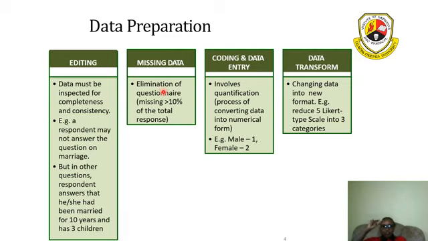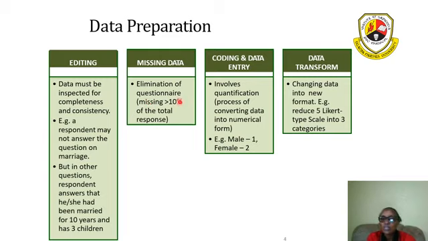If there's a particular question where about 10% of the people have not answered that question, then it's better you take out that variable completely, because it's going to affect your results.